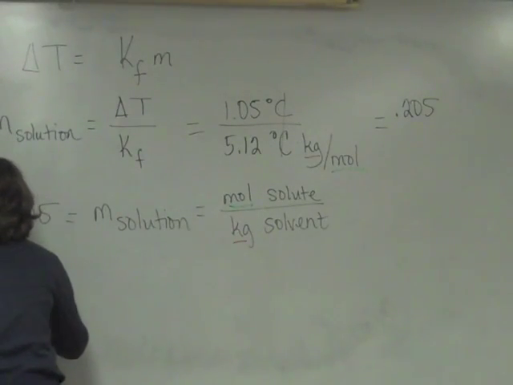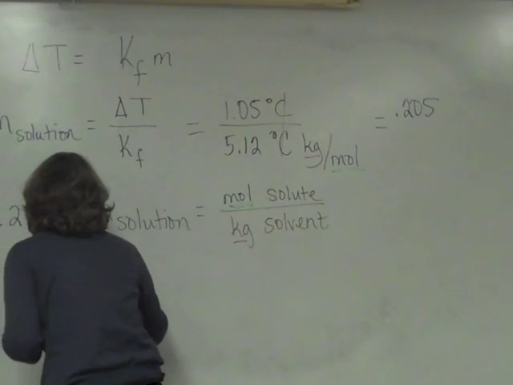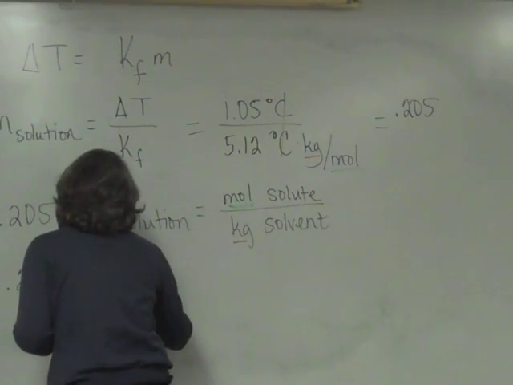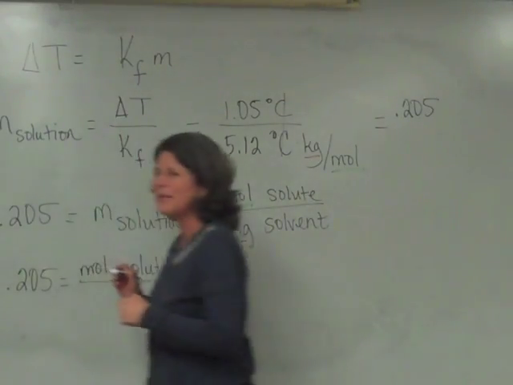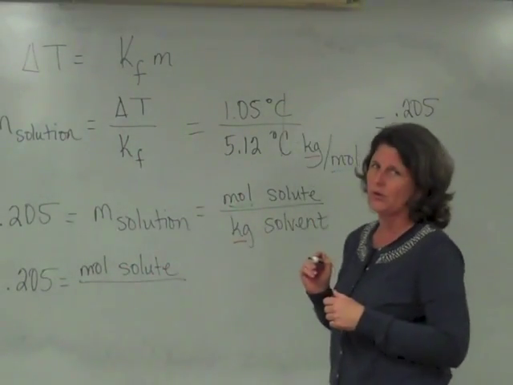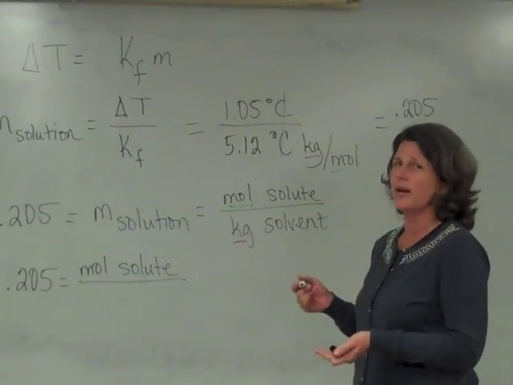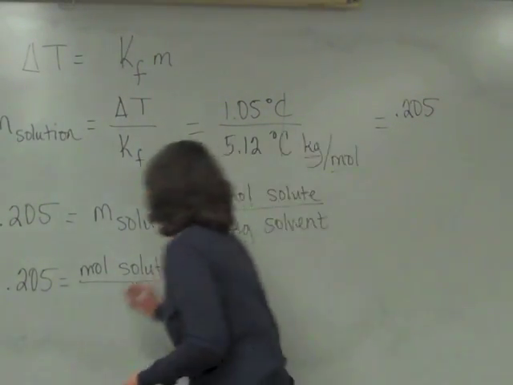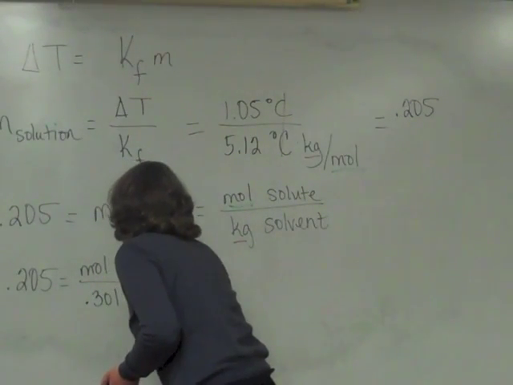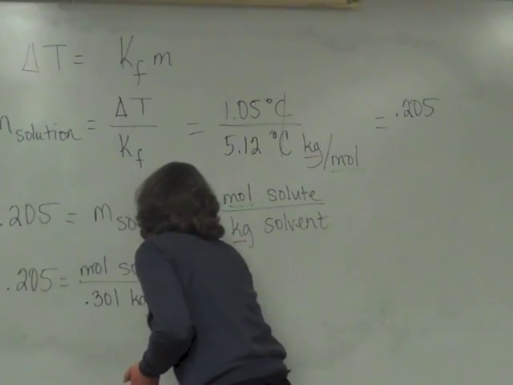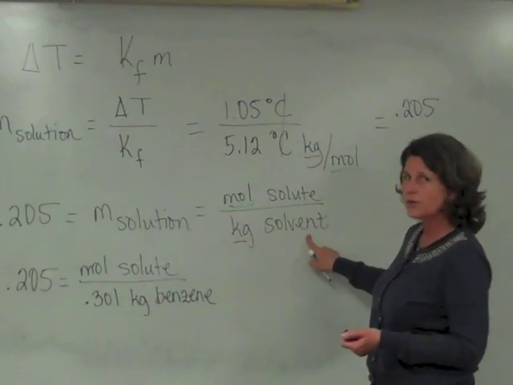So we've got 0.205 is equal to the moles of solute divided by how many kilograms of solvent do we have? Well, we've got 301 grams, which is 0.301 kilograms of benzene, which is our solvent.